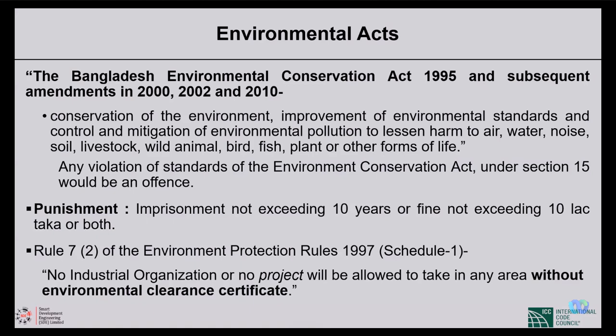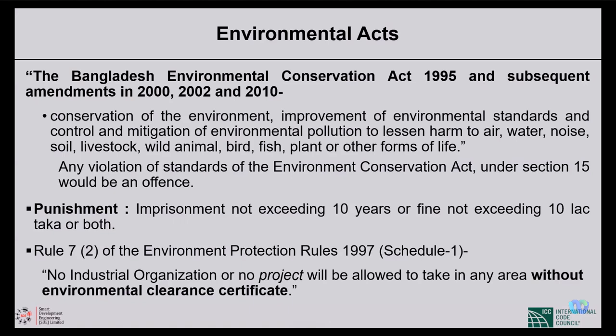Any violation of the standards of the Environmental Act under Section 15 would be an offense. So that offense has to be punished. The punishment for that offense is imprisonment not exceeding 10 years or a fine not exceeding 10 lakh or both. Now I'm going to tell you a very, very important thing.